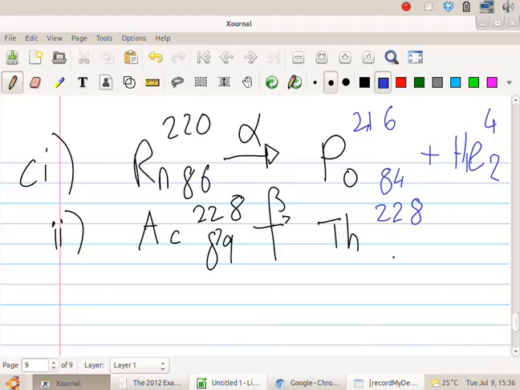And what happens? 90. You gain a proton and lose a neutron. It's 90, isn't it? Yeah. Plus electron, which I write 0, minus 1. Super.